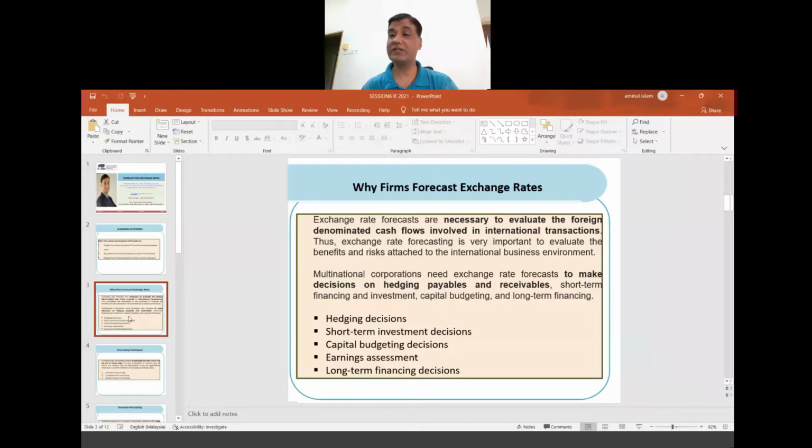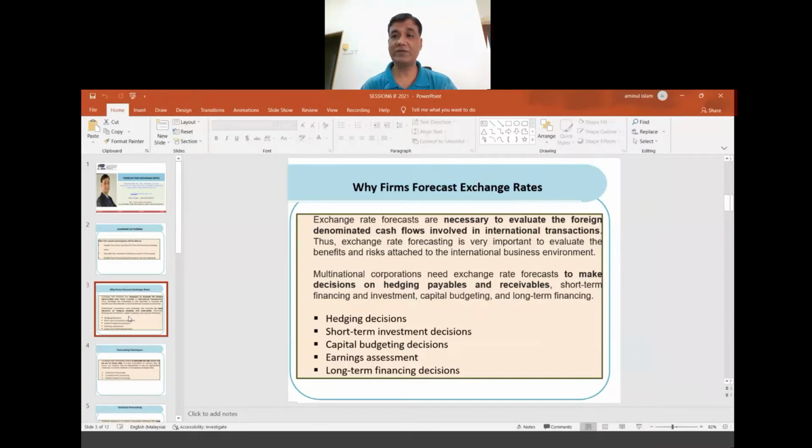Most of the time, we use the dominant foreign currencies to forecast. So forecasting exchange rates does facilitate understanding or making decisions on hedging payables and receivables, short-term investment decisions, capital budgeting decisions, earning assessment, as well as long-term financing decisions.